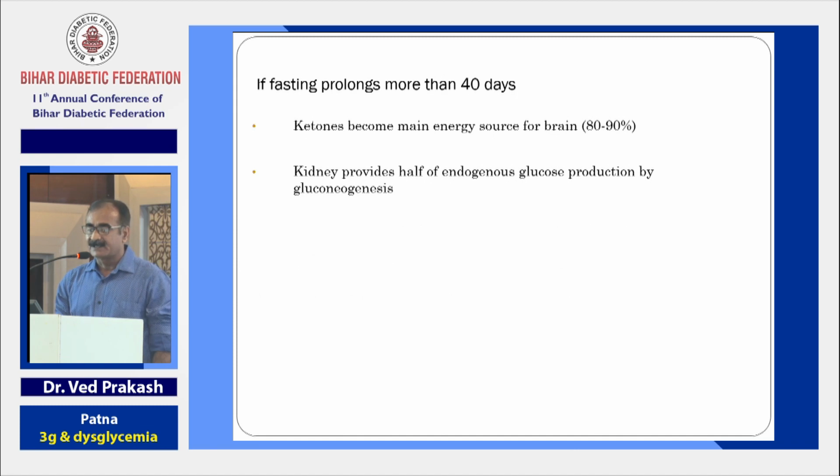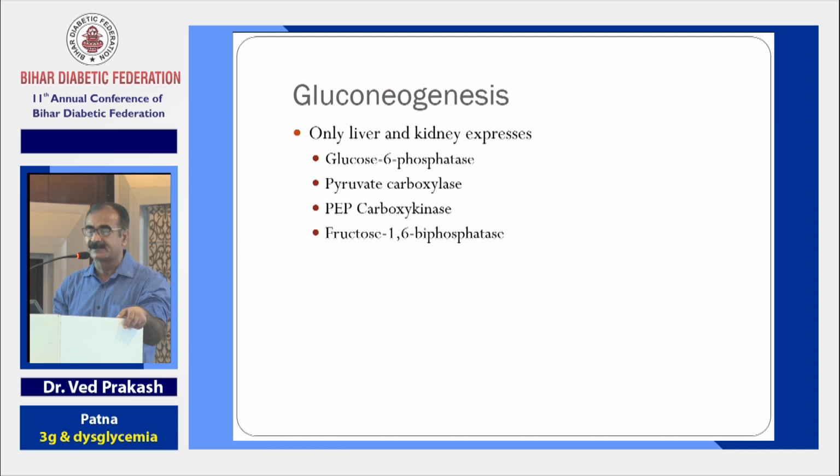If fasting prolongs beyond 40 days, ketones become the main energy source of the brain, comprising 80 to 90%, and the kidney provides half of the endogenous glucose production by gluconeogenesis. Gluconeogenesis mainly takes place in the liver and kidney. The liver is the main site, but when fasting is more than 40 days, the kidney also contributes significantly.